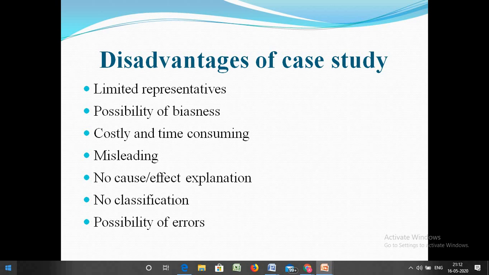Now another major disadvantage is that any classification is not at all possible because of studying a very small unit. Then there is a possibility of errors. How? Because the case study method may have the errors of memory and the errors of judgment.